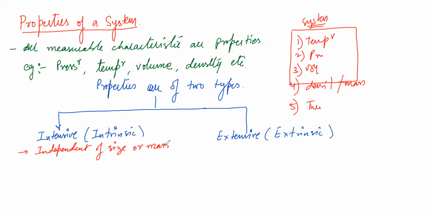What are the extensive properties? The extensive properties are those properties which depend on mass. I'll tell you the examples of intensive properties.